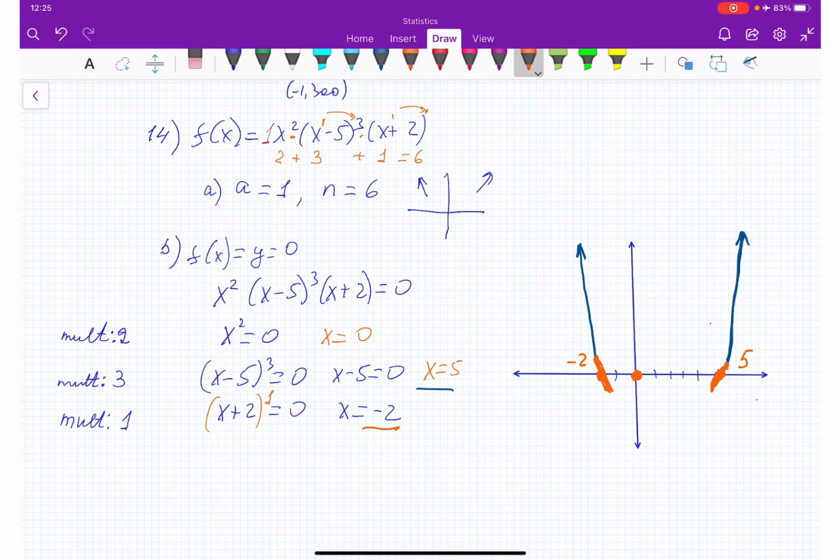Okay, now both of the points are below the x-axis, which means it's going to come, and since x squared has multiplicity 2, it's a turning point, so it's going to come like this.